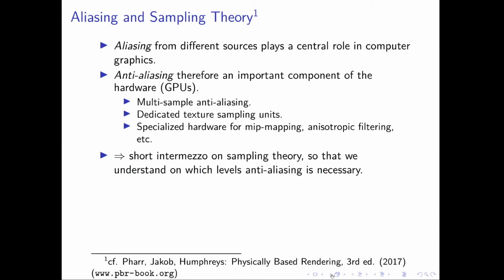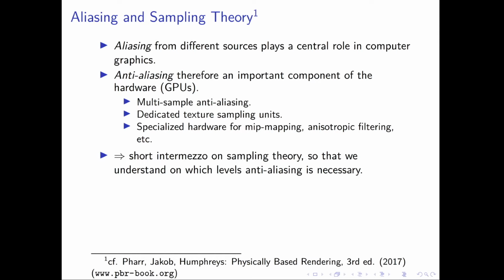This discussion of aliasing and sampling theory is loosely based off of the book by Pharr, Jakob, and Humphreys that's called Physically Based Rendering. This is a book that I can really highly recommend. It's one of the most comprehensive books about physically based computer graphics, and there's a nice chapter on sampling theory.